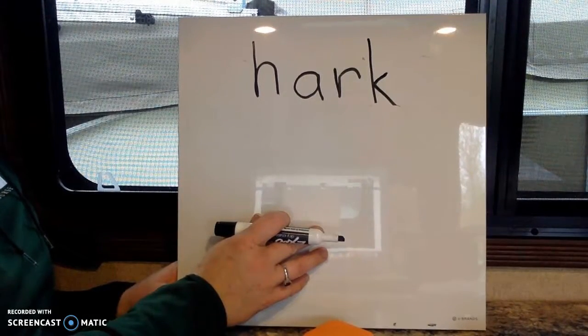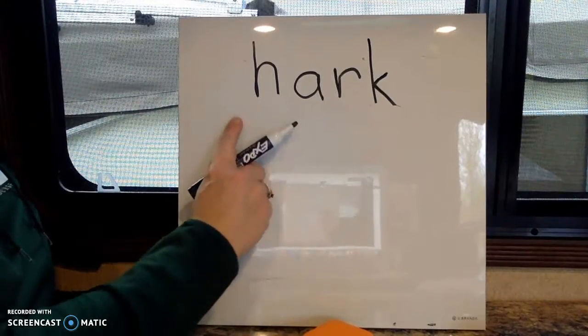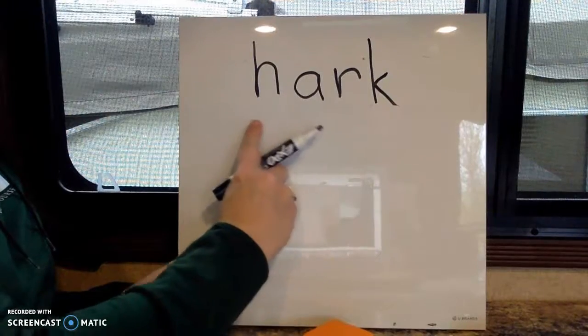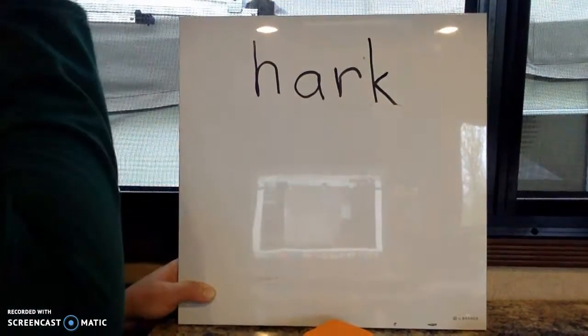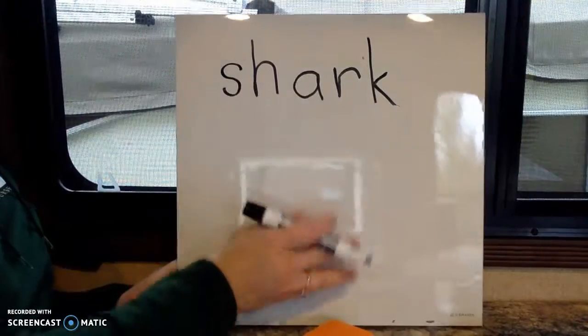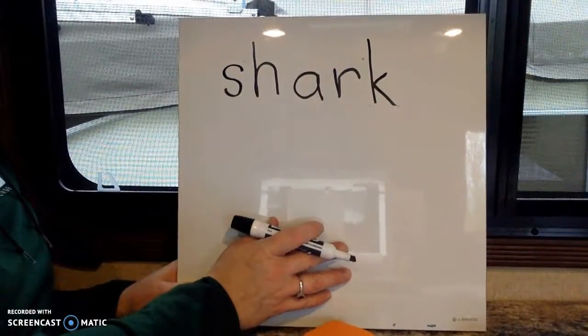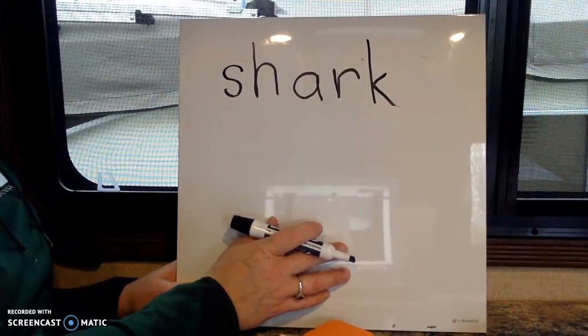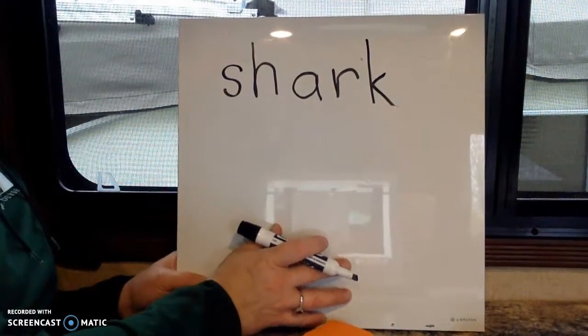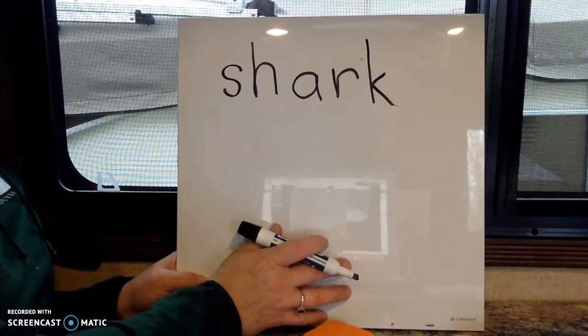Now we're going to add a digraph to make the word shark. Shark. Oh, I know. Sh is SH. Shark. Let's change shark to sharp.